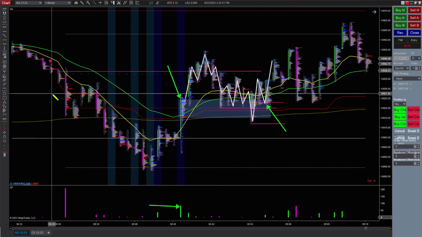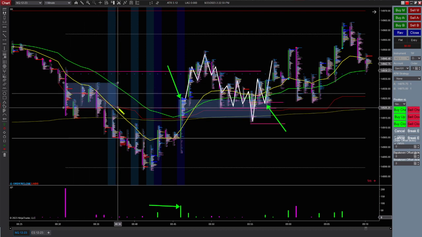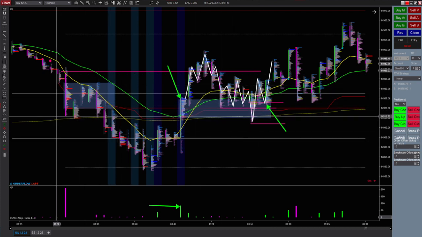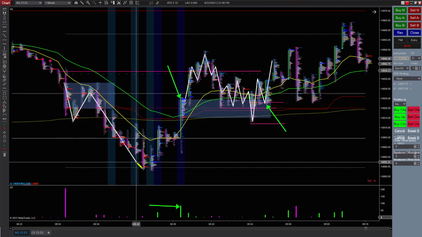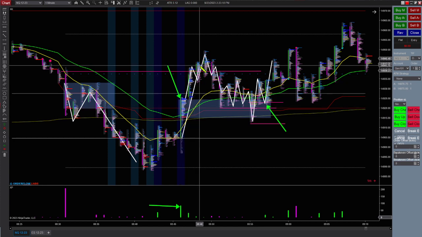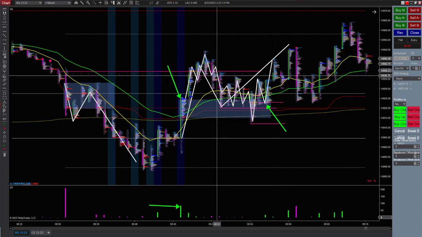Typically, these setups do produce some quality setups in the first hour, and that's really all I trade. So again, initiative push down, retest, go lower; push up, retest, go higher. That is all I am looking for.